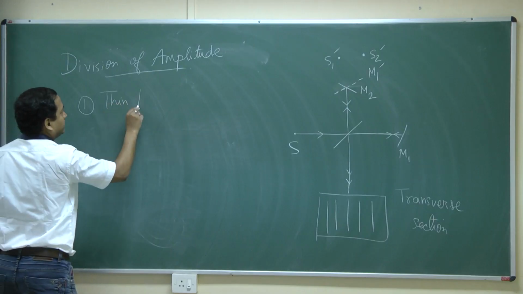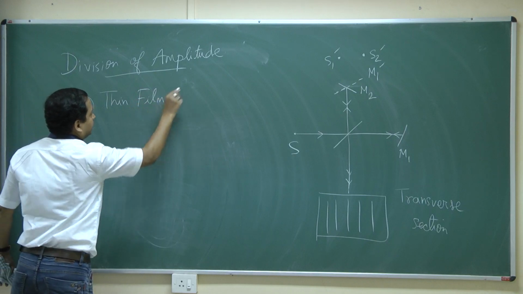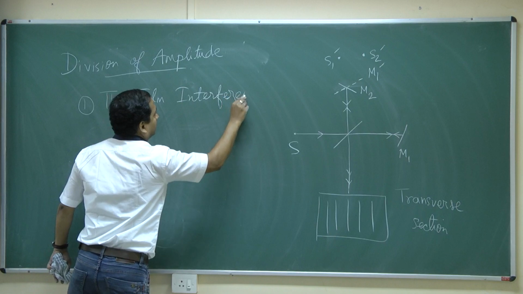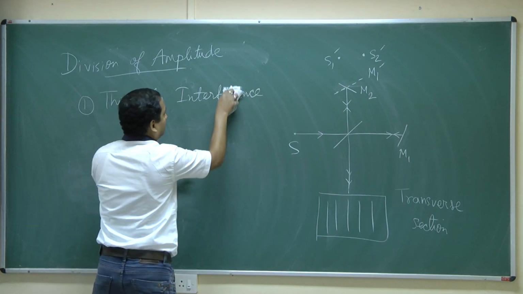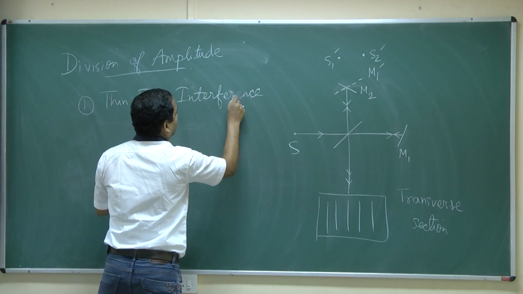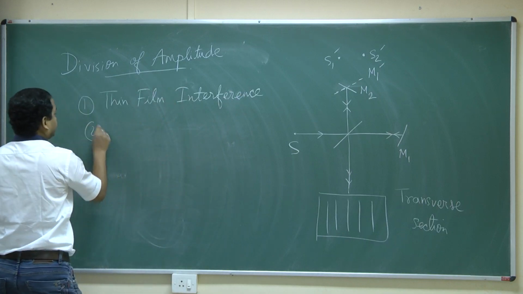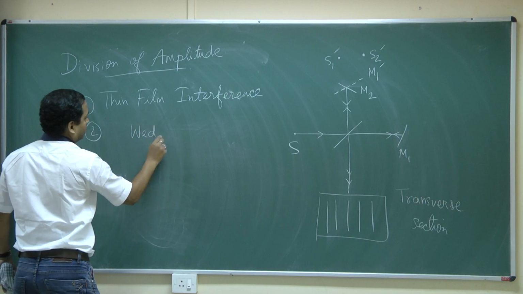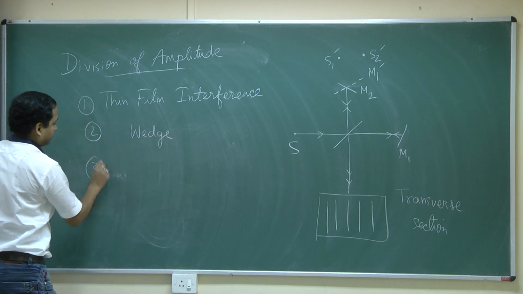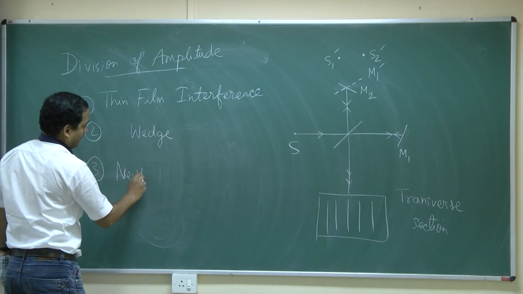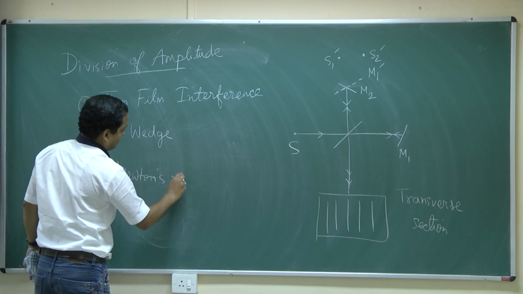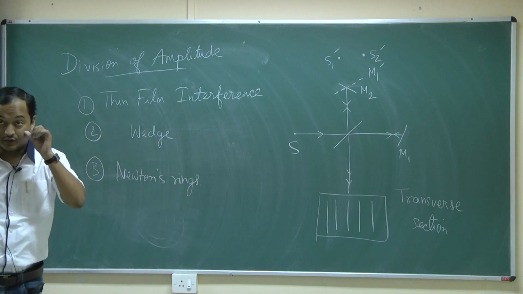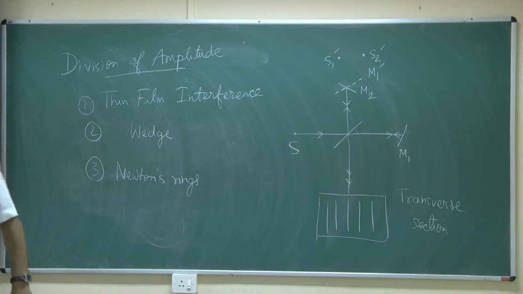One would be thin film interference, then we would discuss the case of a wedge, and then we want to discuss Newton's rings. And each of these three cases goes by division of amplitude. So let me start with thin film interference.